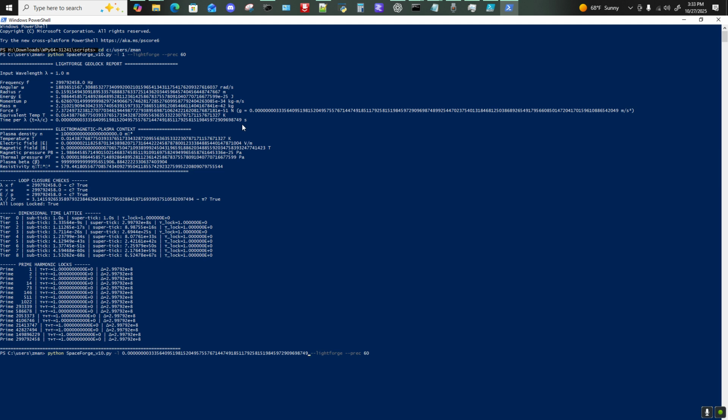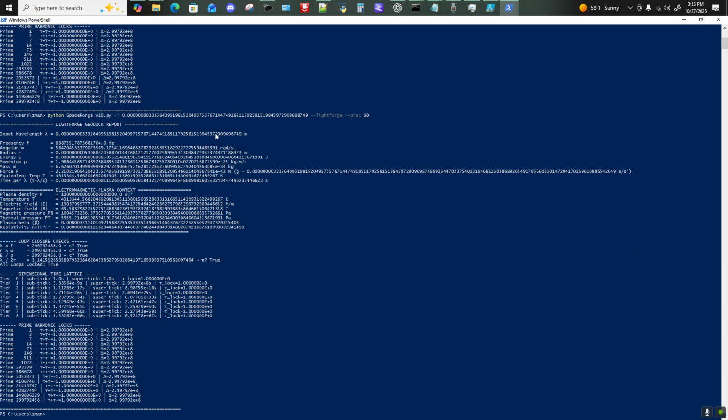Wave period and wavelength are dimensionally connected, because if you take this wavelength right here that I just did and this wave period right here that I just calculated, you'll find that the difference between this number and this number is exactly the speed of light.